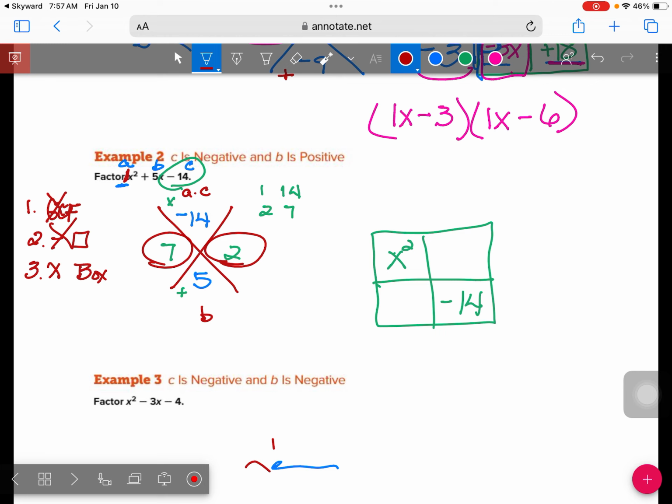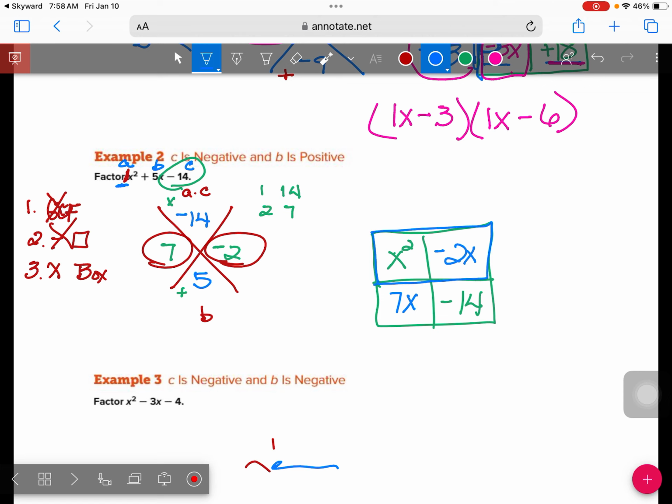Oh, what did I forget? I forgot to put the negative on the 2, right? 7 plus negative 2 is 5. So I'm going to say 7x and negative 2x. And after a while, you will get to see these pretty quickly.